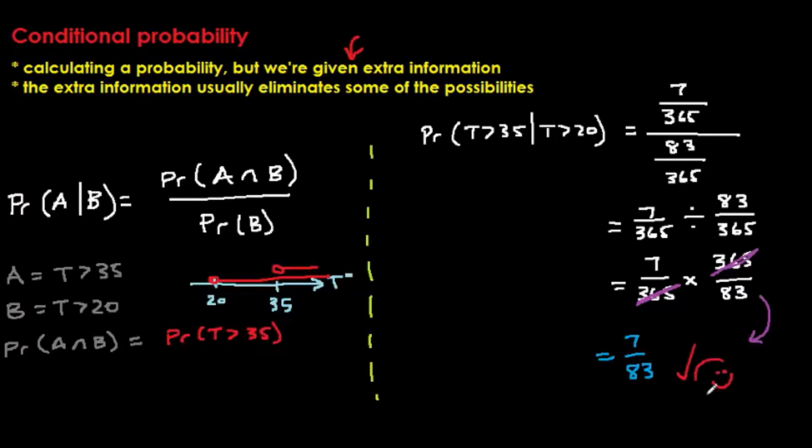And there's a tick and a glorious smile from the examiner or your teacher. And that's how we manage a calculation with conditional probability, understanding that the key word for a conditional probability is given, and the key technique is using the formula and defining what our A and our B are. Now there's an example ready for you to do, so please go to your books and do that example now.